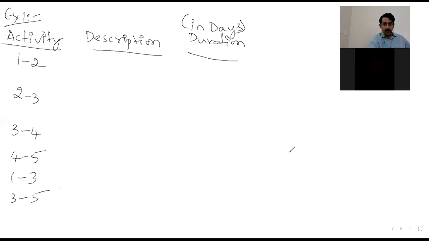Dash 5. 3 dash 6. 7 dash 10. These are the different activities. 1, 2, 3, 8 different activities.